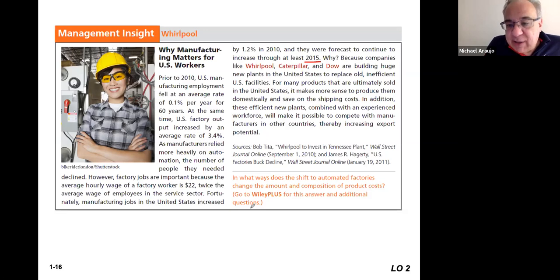So the efficiency of these plants combined with experienced workers make it possible to do manufacturing here in the United States and compete with other countries. Oftentimes we have this feeling that, well, if it's going to be manufactured, we can't compete with low-cost countries like China. Well, that's not true. And this is one story that will tell you that we actually can, with newer equipment and efficient workers, we can do a lot.